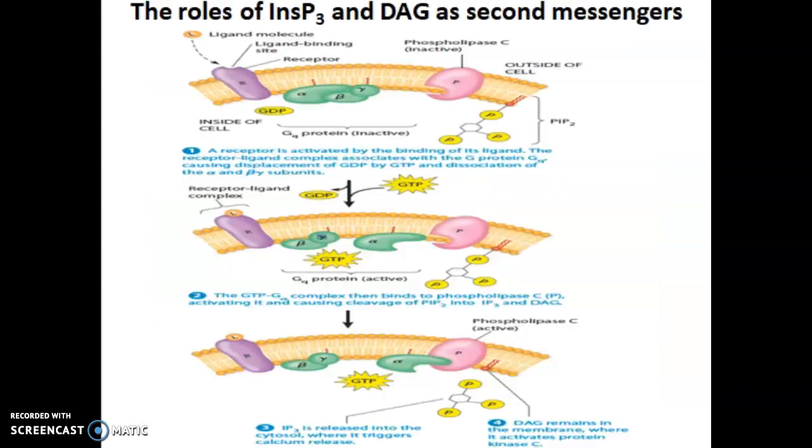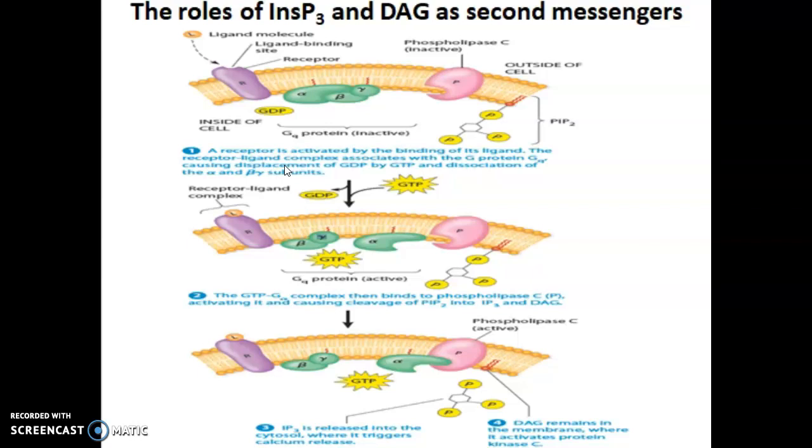The roles of InsP3 and DAG in signal transduction. When a receptor, R, is activated by binding of its ligand, L, on the outer surface of the plasma membrane, the receptor ligand complex associates with the G protein, GP, causing the displacement of GDP by GTP and dissociation of the GTP-G alpha complex.